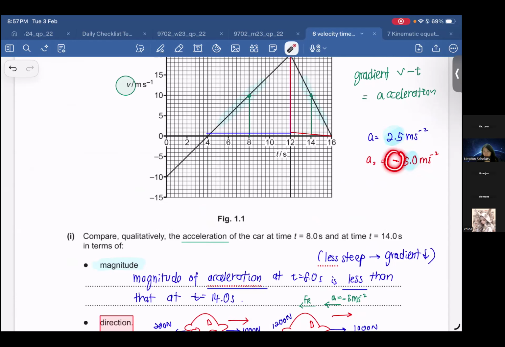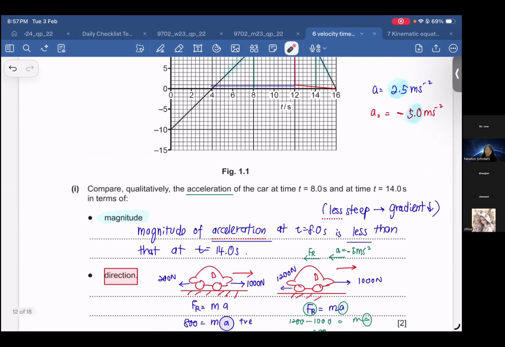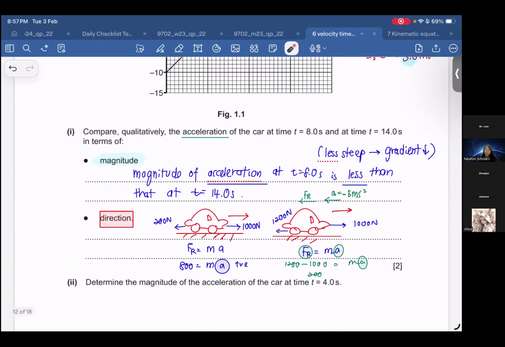The negative is related to the direction. If 1200 backward friction is greater than this, of course the car should be slowed down. So our acceleration gets negative 5 meters per second per second.